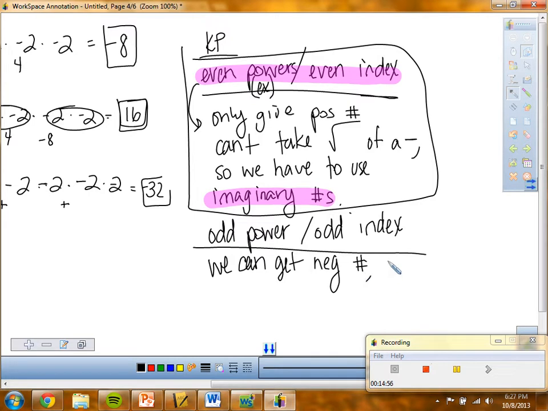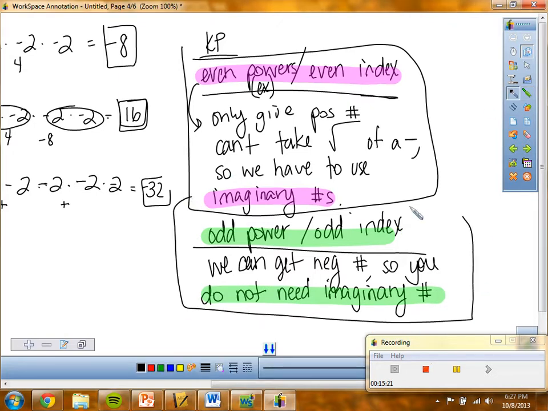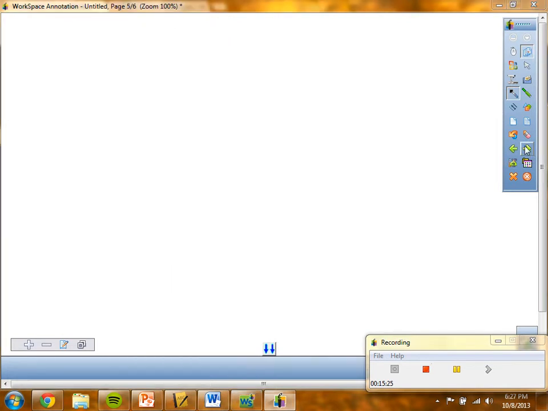So you do not need imaginary numbers. And so for odd powers and an odd index, you do not need imaginary numbers. So let's see a practice problem for this. So example number 4.